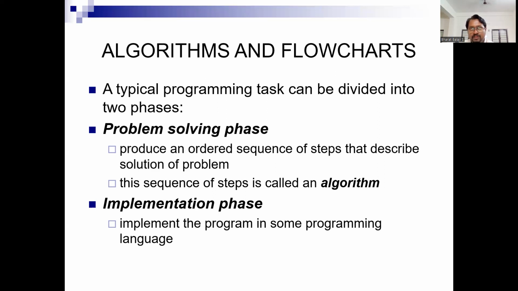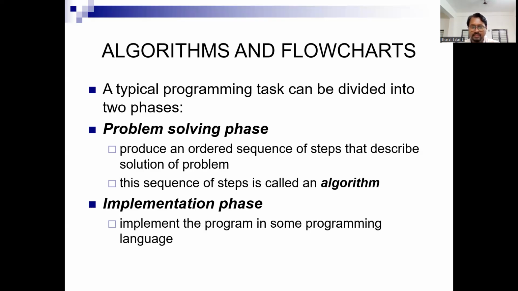Before giving the solution, we have to analyze the problem, what the alternatives are, what attributes we have to take into consideration, and what the different steps are to complete this particular task. This sequence of steps is called an algorithm.